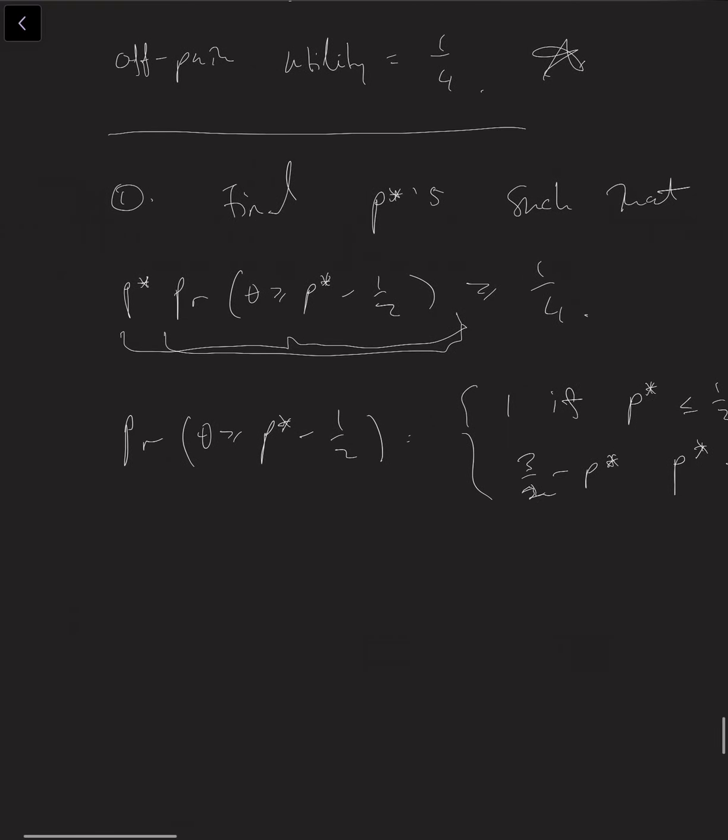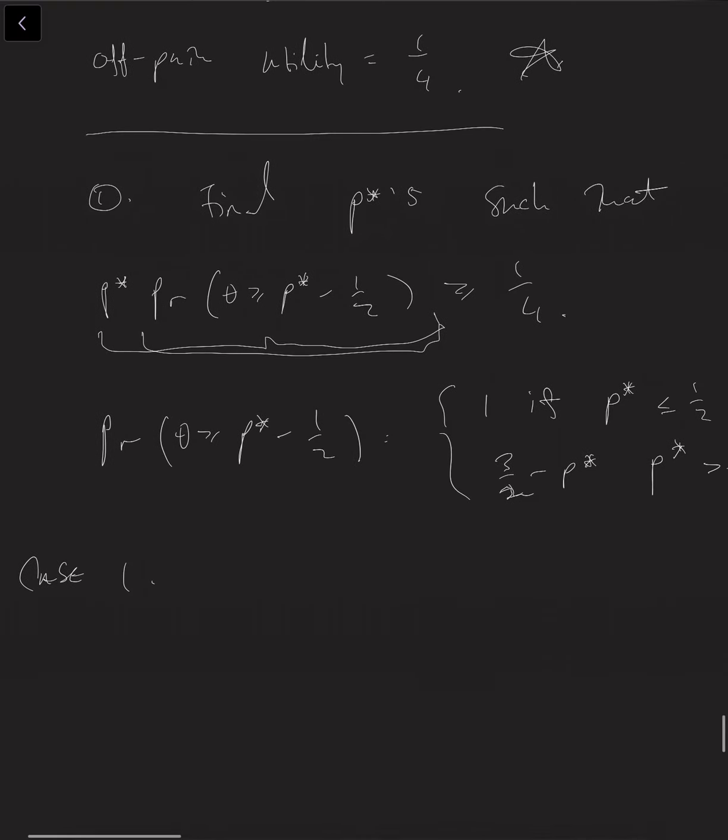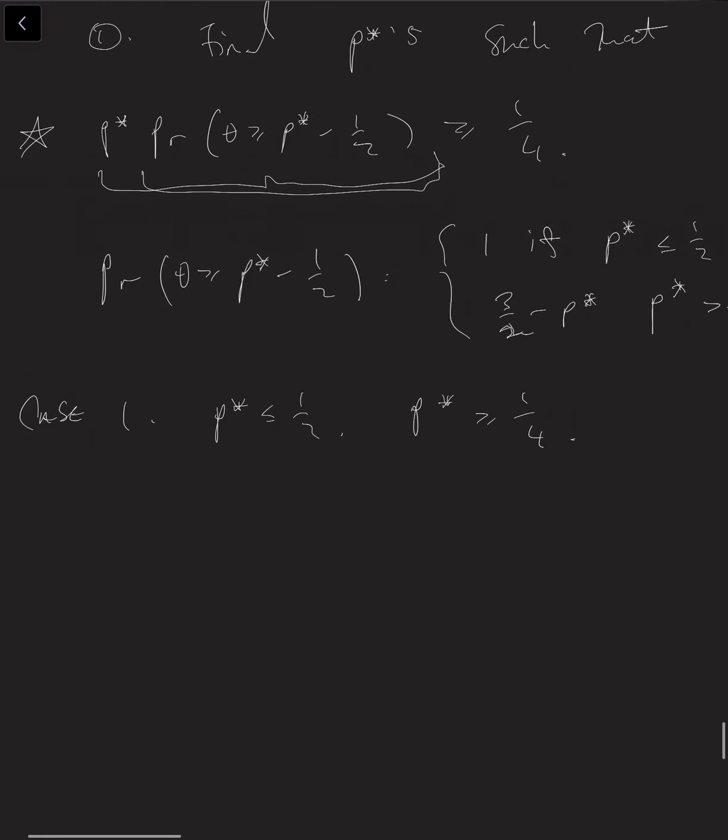So we have to consider both of these cases. So case 1, where P star is less than or equal to half, we have that this inequality reduces to P star greater than or equal to 1 over 4, and that is a condition we have on P star, right?